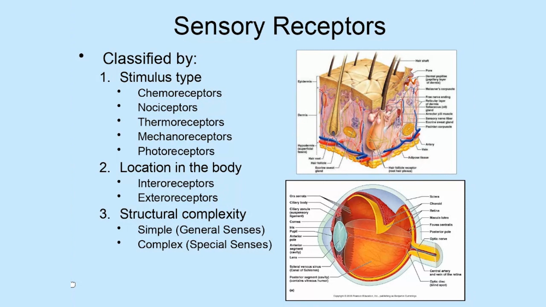I also talked about the fact that with the special senses, so remember that smell, taste, equilibrium, hearing, and vision, we've got these receptors that are really much more complex, as you can see by looking at this diagram of the eye. So with the special senses, generally our receptors are multiple neurons, they've got multiple tissues, it's really a sensory organ that's much more complex in its structure that is picking up sensations when we're talking about the special senses.